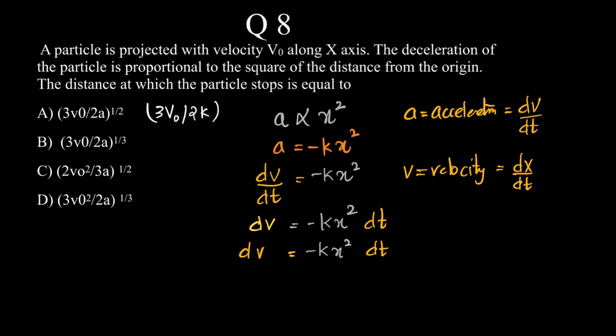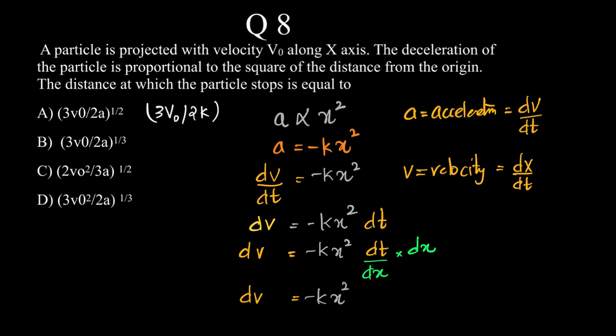Okay, further what I'll write is I'll divide here by dx and multiply it by dx, in which case dx by dx is 1, right? So that concept remains simple. dx by dx is 1, and then we have dt here, which means we'll be back to the same equation. All right. Further, I'll write dv is equal to minus k x square.